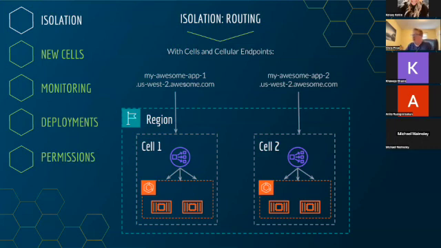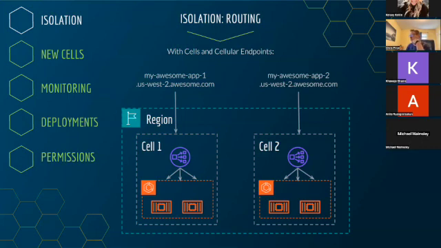If you have a web app where customers are typing in the DNS name directly, you'll notice in these DNS names up here that I have both the AWS region as part of the name, but I also have the cell ID as part of the name. And that can get really unwieldy. If you have to expose that directly to your customers, that can be a really difficult thing for them to deal with, and can be a bad user experience.